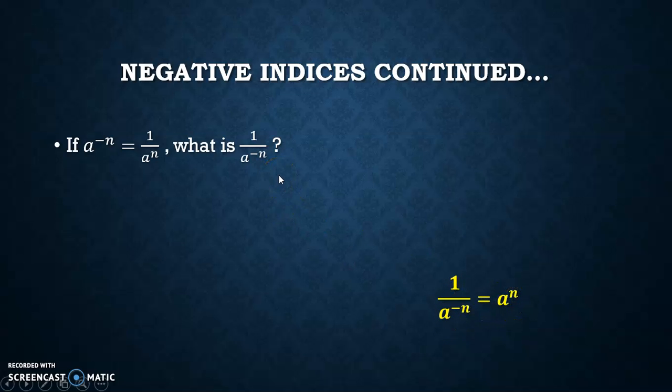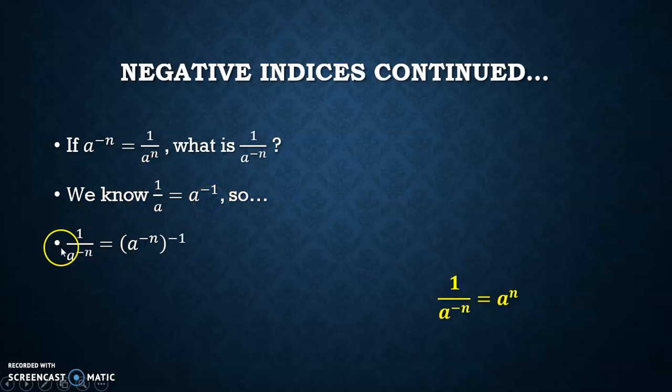How do we get there? We know that 1 over a equals a to the power of negative 1. So 1 over a to the power of negative n is the denominator, a to the power of negative n, to the power of negative 1. And then applying law number 3, you stack them up.